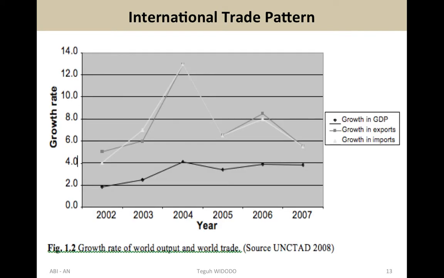And in this graphic, we can learn about the growth rate of world output and world trades, from growth in GDP and then growth in export and growth in import. Starting from 2002 until 2007, we know about the movement of growth rates.